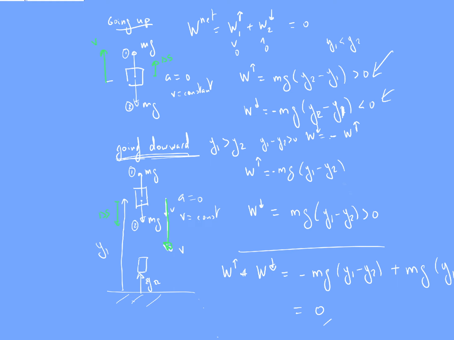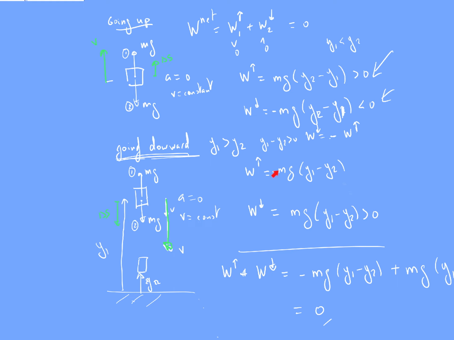So let's calculate the work of this force, the force that has the magnitude mg but is going upward. What is the work of this force? I denote the work of the force going upwards like this. It will be going from here to here. Going from here to here, the displacement is in this direction, it's going downwards.